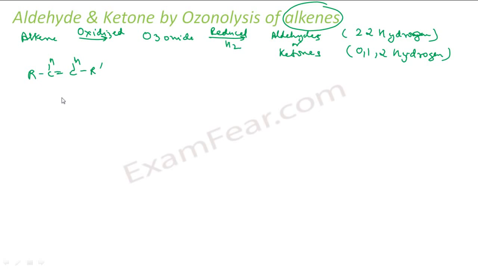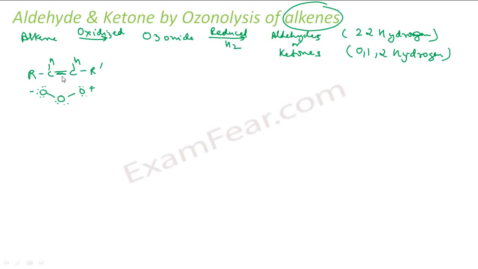Ozone is something like this, right? One part has plus charge, one part has negative charge. The one which has negative charge will have 3 lone pairs of electrons. This will have 4, and this will also have 4.